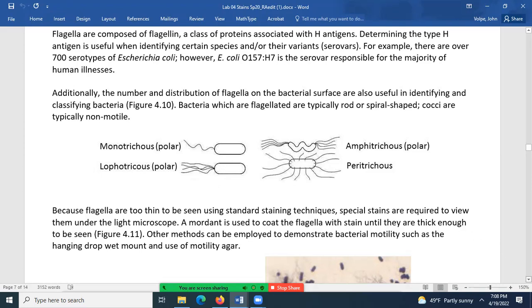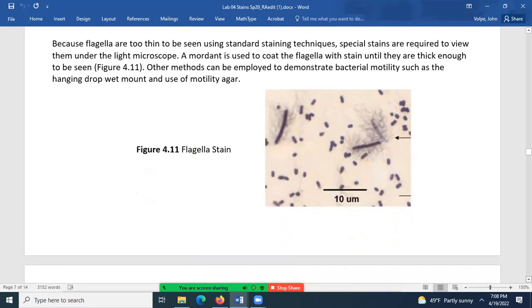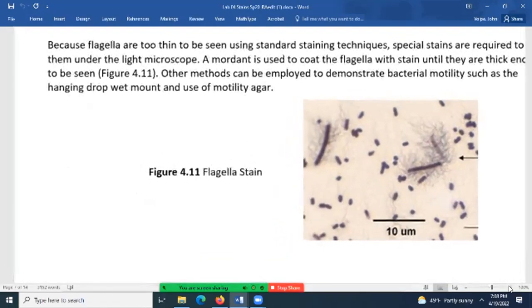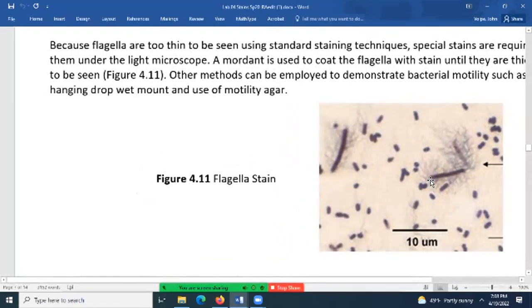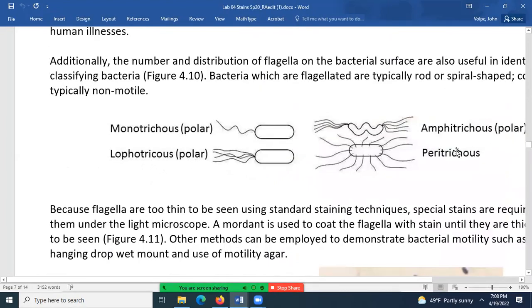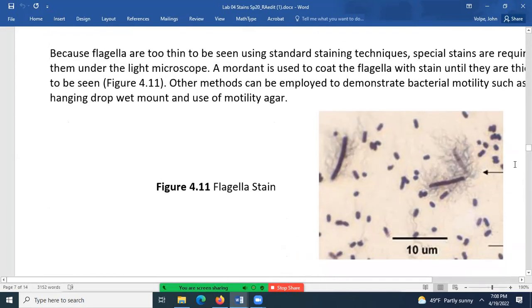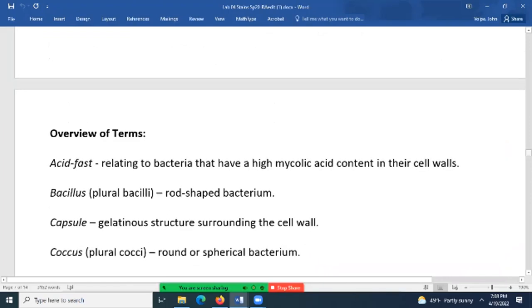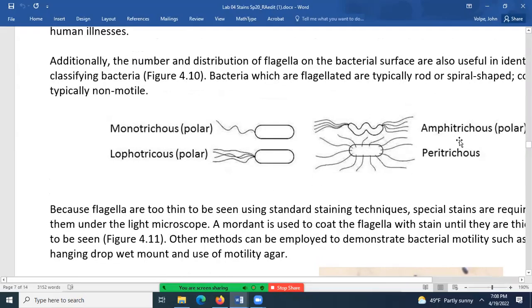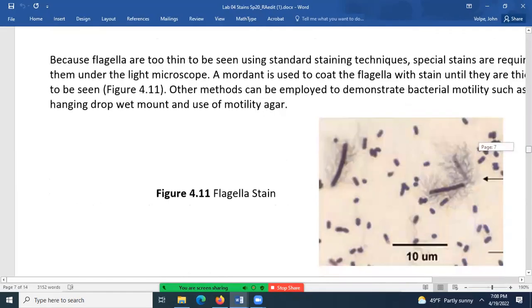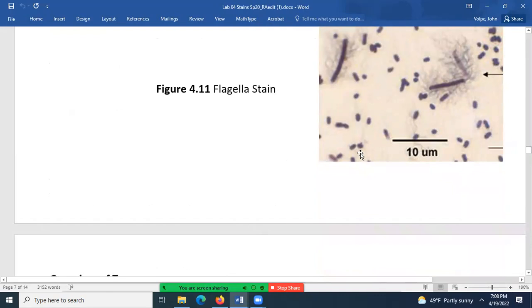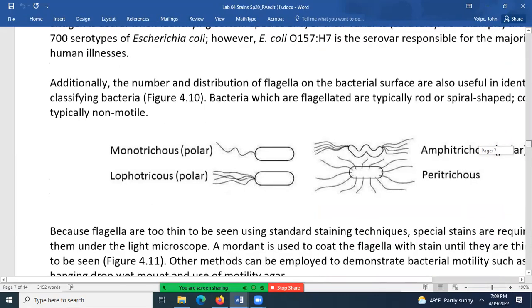And let me warn you, here's the picture: this one, this one, and this one are clearly peritrichous, but this one looks more amphitrichous, and this one might be even just one flagellum.